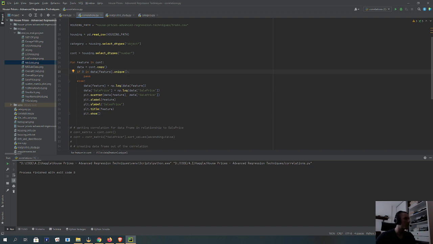So this is making a graph of the log, and let me see what happens if I don't use the log. I remember I spent a bunch of time trying to figure out why my stuff wasn't working. So I looked at some videos and did it the other way then.